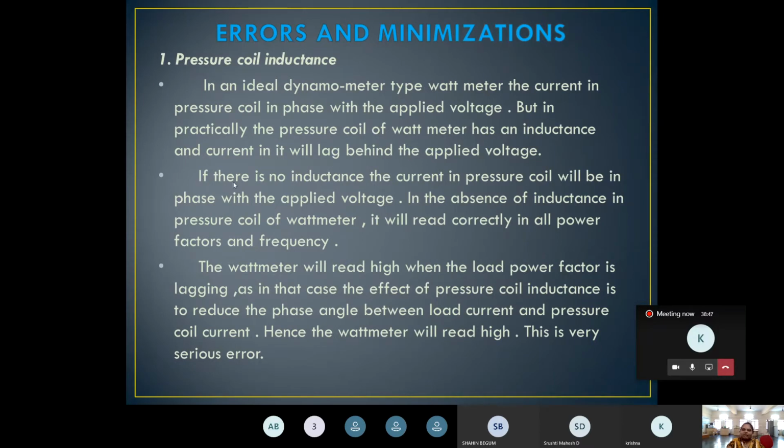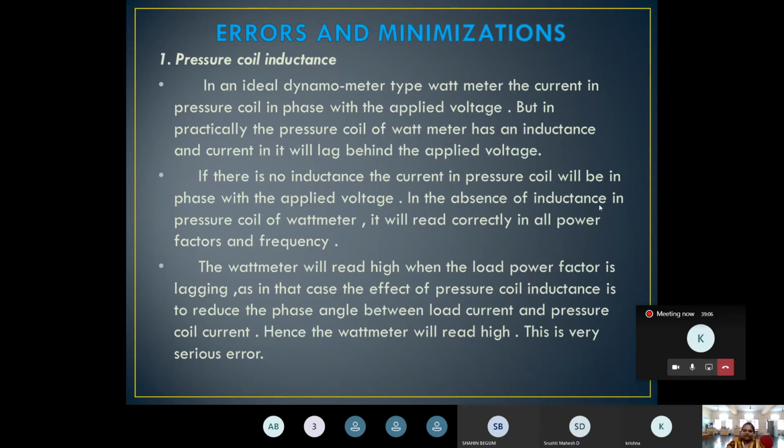Then, if we are not going to use the inductance, the current in the pressure coil will be in phase with the applied voltage.